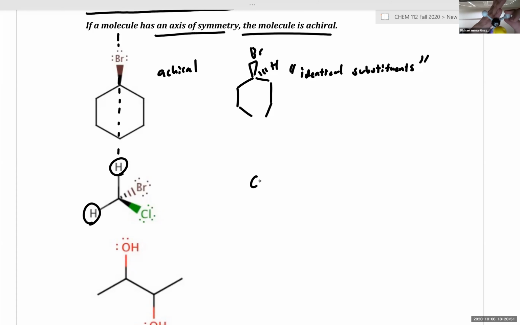If we cut this molecule on its plane of symmetry, does everyone see how this molecule has a plane of symmetry? How it has 2 identical substituents and a clear axis where the substituents on each side of the axis are identical.